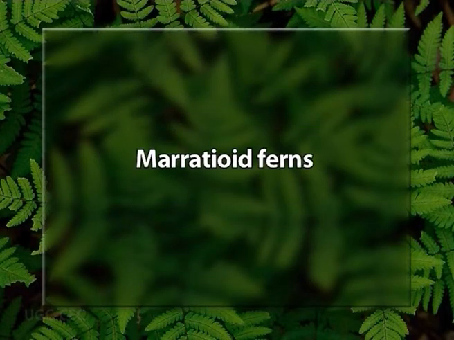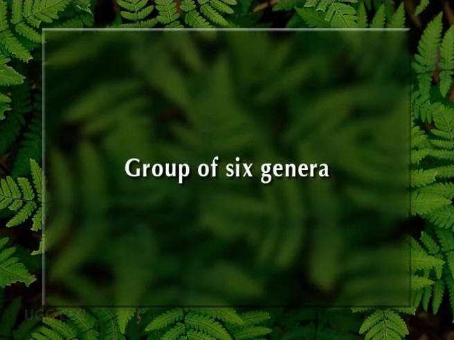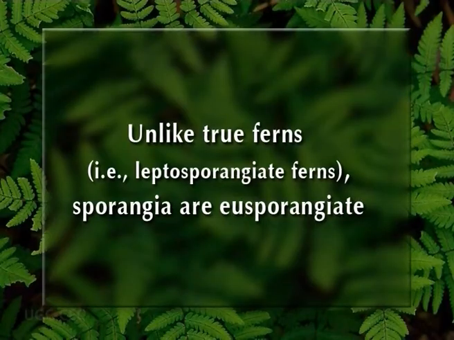Now the sixth group, Marattioid ferns. These are a group of 6 genera which were previously grouped with Pteridophytes, the true ferns. However, unlike true ferns, that is Leptosporangiate ferns, the sporangia here are Eusporangiate.